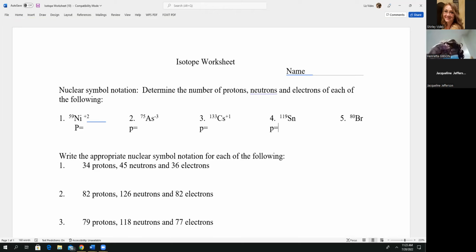That's the easiest one. Then for the next thing, we can do the neutrons, or we can do the electrons, but let's do the neutrons first.